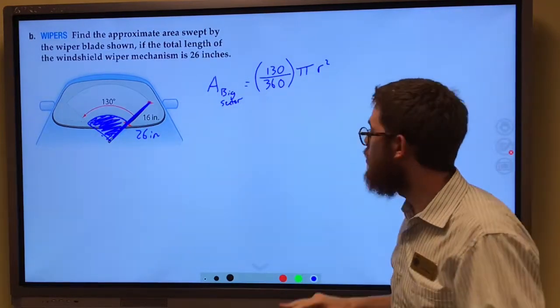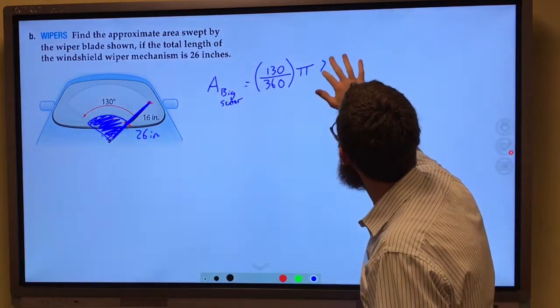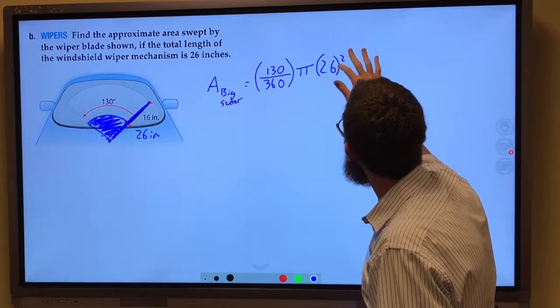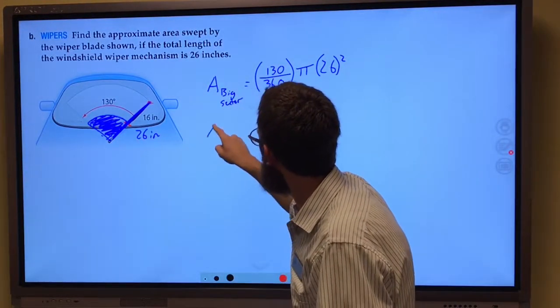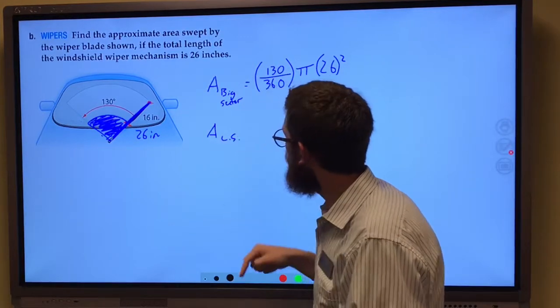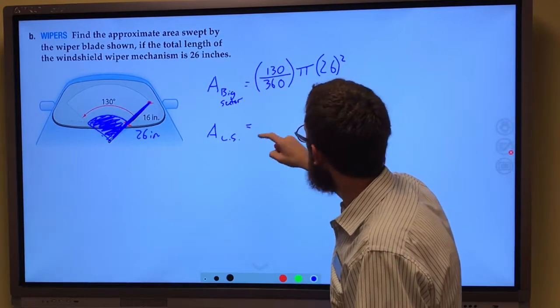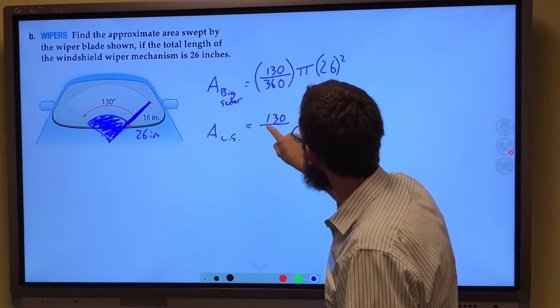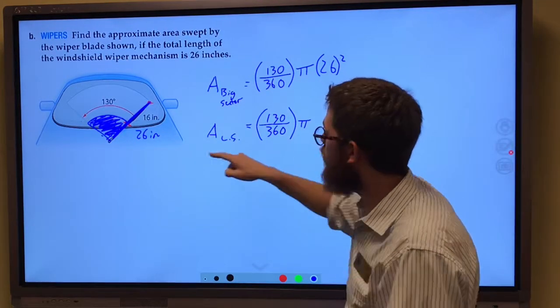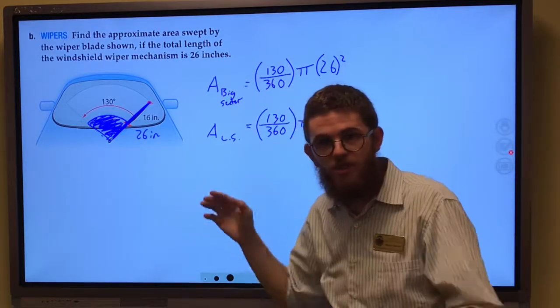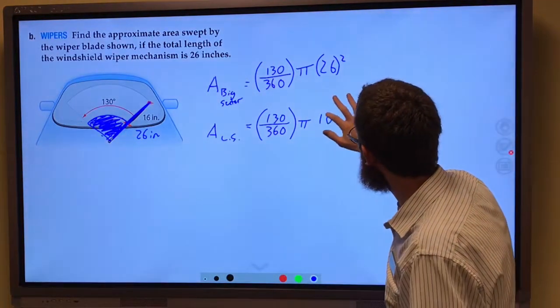The entire wiper blade is 26 inches, so I'm going to put that for r. And then I have this little sector down here. The area of my little sector is going to be 130 over 360 times pi r squared. This r is the difference between 16 and 26. It's only 10.